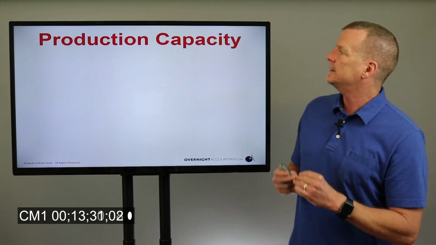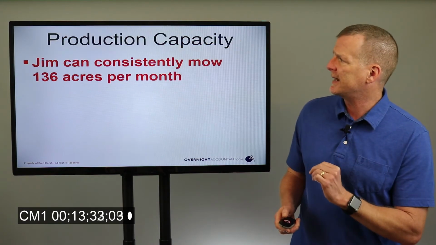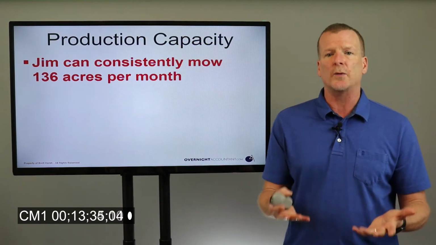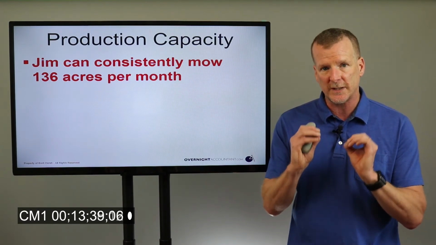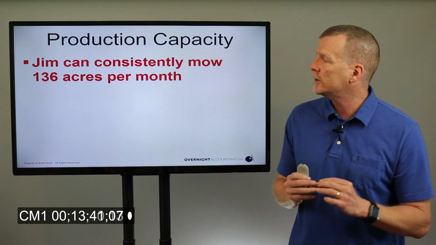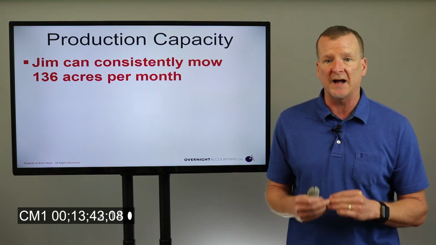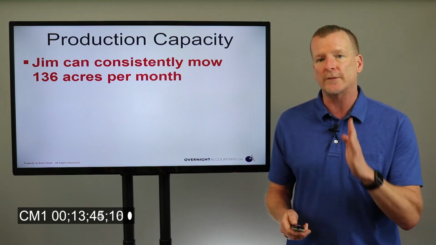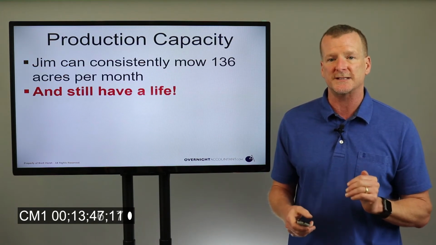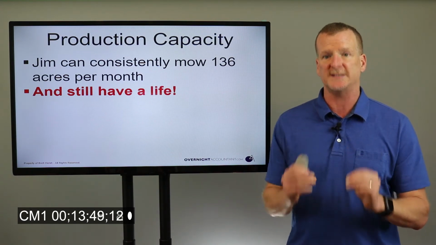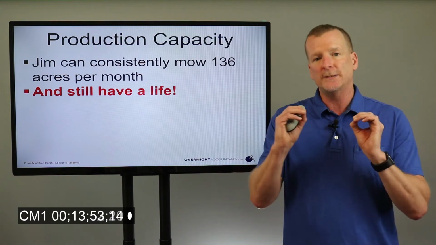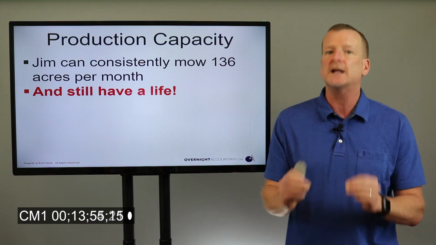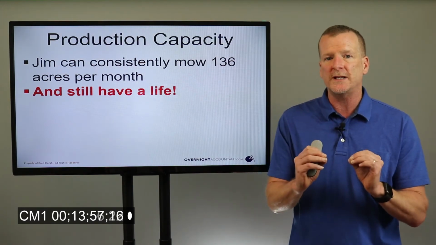So for his production capacity, Jimmy does a reevaluation, and he determines that he can consistently mow, given his production constraints, 136 acres per month. That's what he can reasonably mow from month to month on a consistent basis, and still have a life, still make it to the kids' ball games, be home for dinner at least 3 or 4 nights a week, and have at least one day off on the weekends.